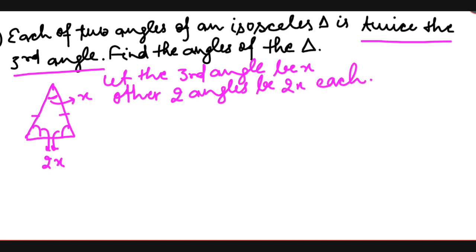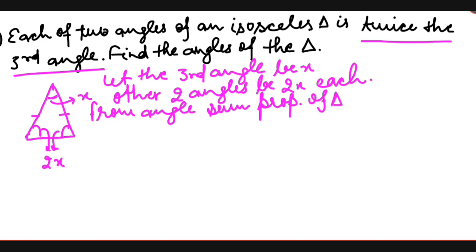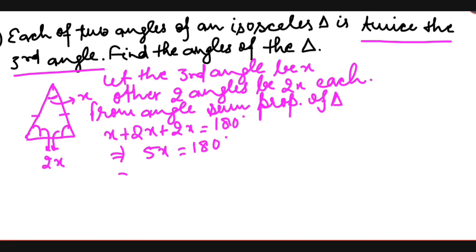So students, we know from the angle sum property of the triangle that the sum of all the angles of the triangle, that is x plus 2x plus 2x, will be equal to 180 degree. Here it is 5x equals 180 degree. Now x equals 180 divided by 5, which is equal to 36.